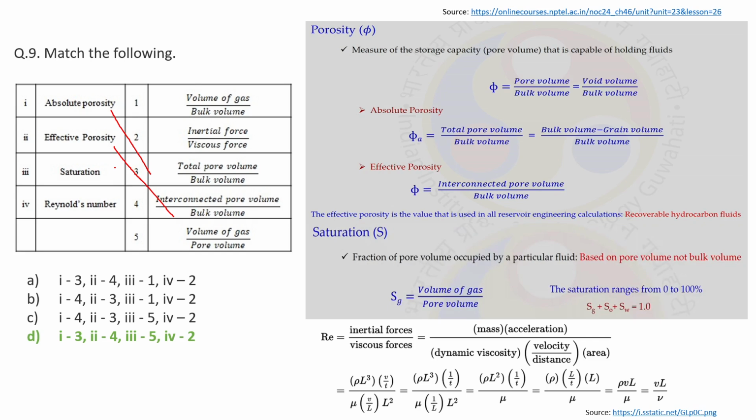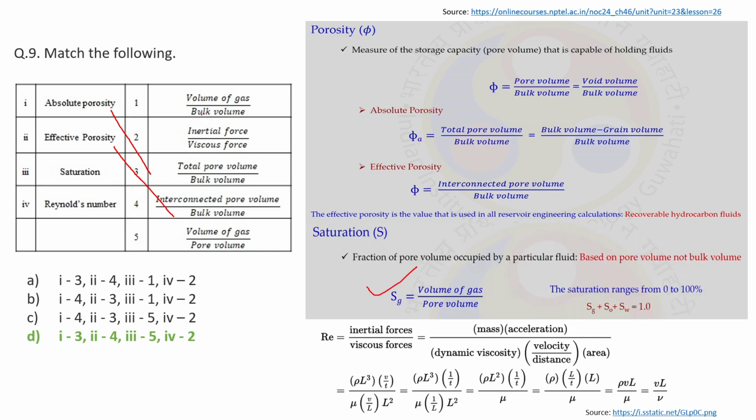As we know, there can be gas, water, or oil. If we are only signifying the gas, then we define saturation according to how much gas is present in a certain pore. So we take the whole pore volume and compare how much volume of gas is present with respect to that whole pore volume. That is the definition of saturation.